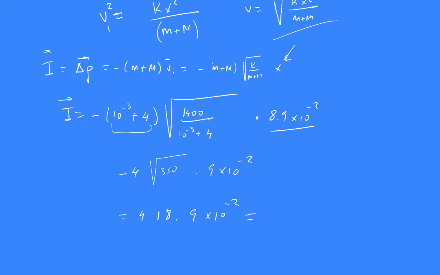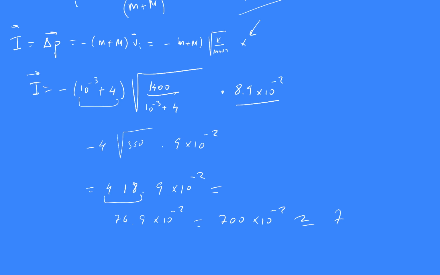I'm just doing 4 times 18, which is like 72, about 80. 80 times 9 times 10 to the power minus 2, which is like 700 times 10 to the minus 2. This is like 7 newtons per second. 7, 8, I don't know.